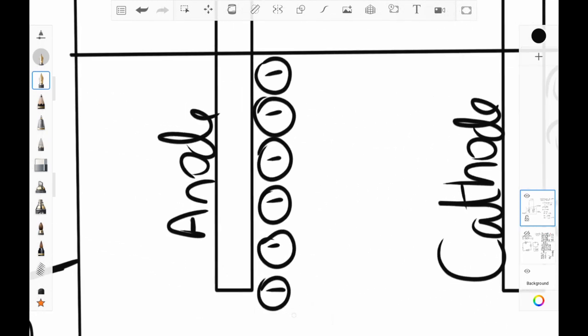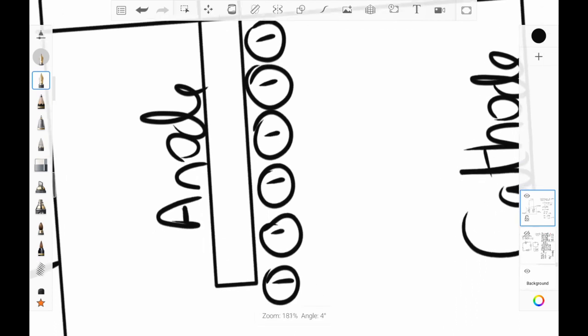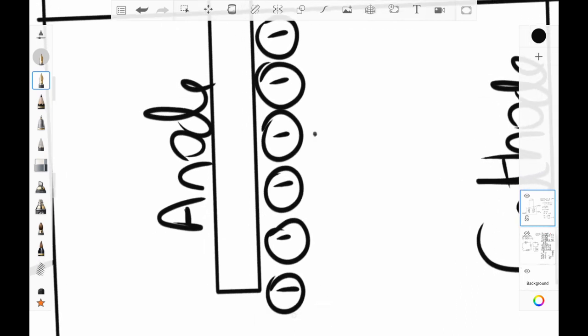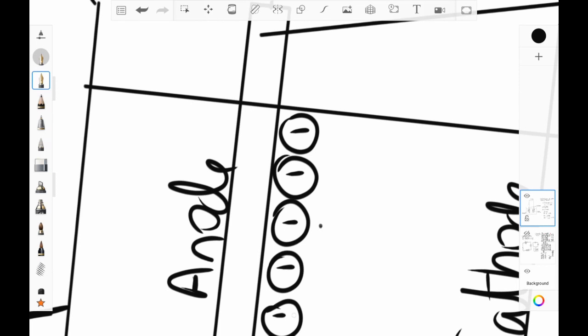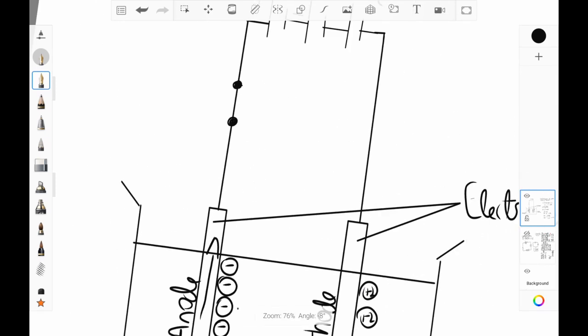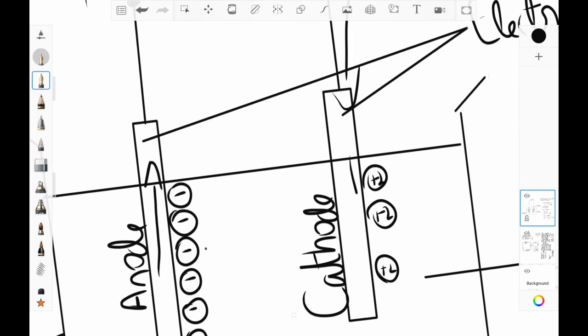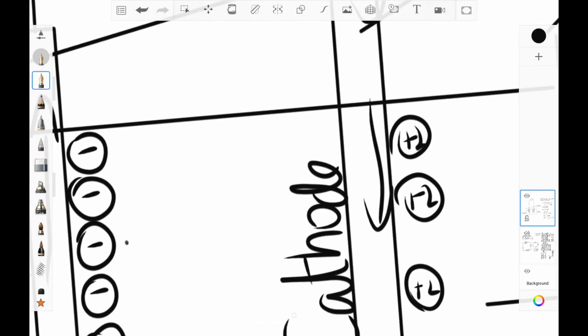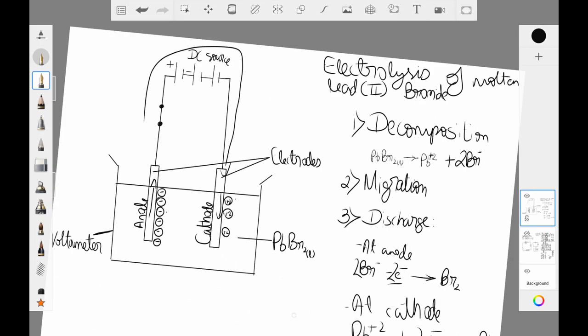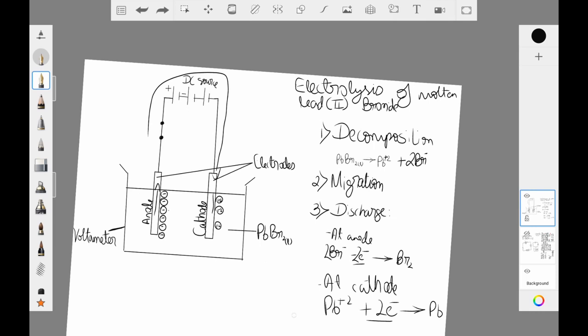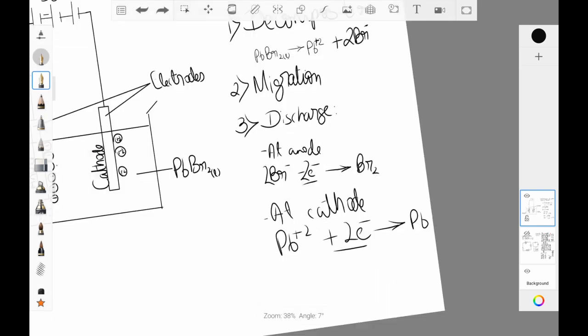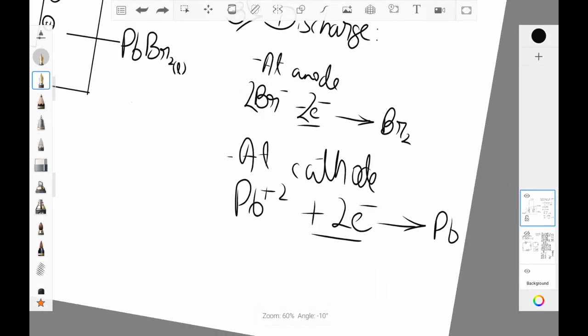So essentially, the electrons that are lost by the ions at the anode travel up the circuit and eventually make their way to the cathode, where the lead ions gain the electrons. And that's a fundamental principle in electrolysis. And if you can wrap your head around that, then creating half equations will be a breeze for you.